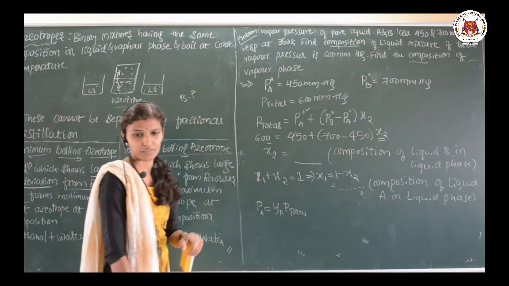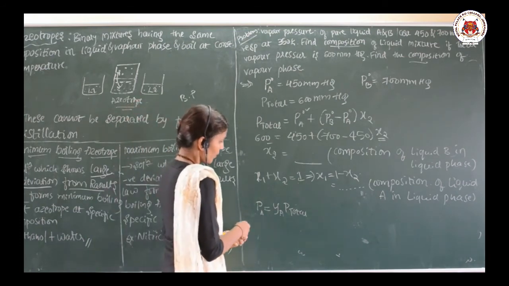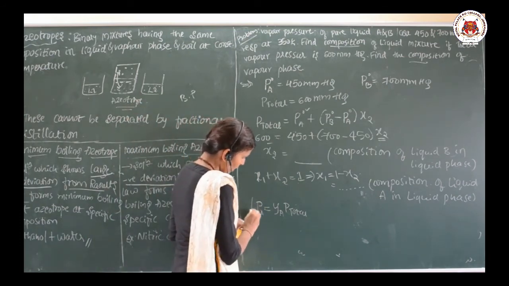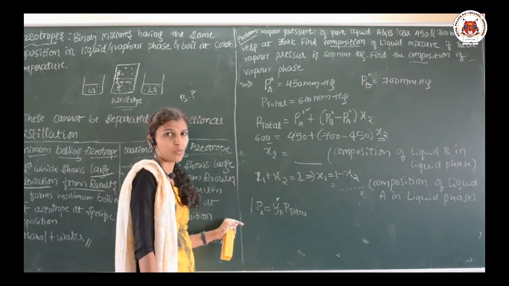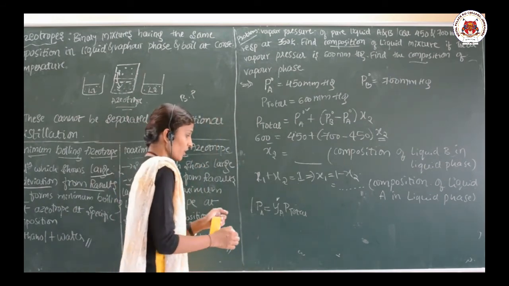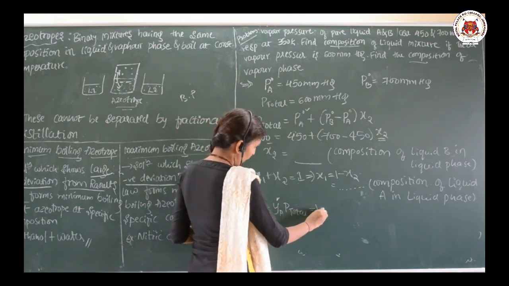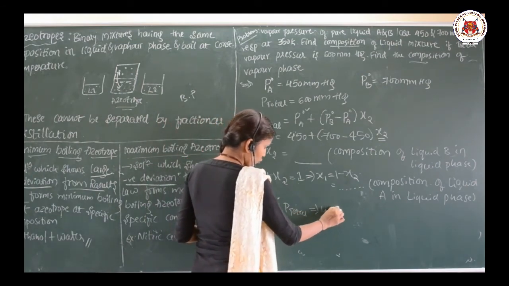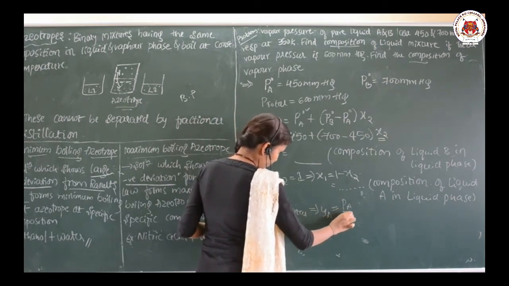Here YA is the composition in the vapor phase. So I need to find out YA. YA is equals to PA divided by P total.